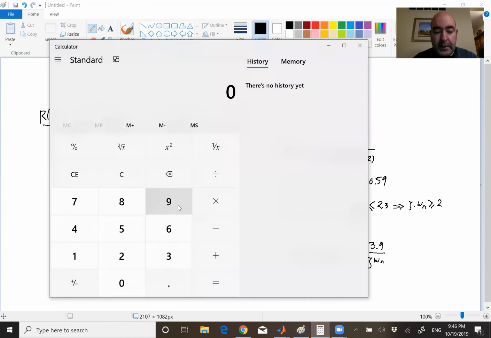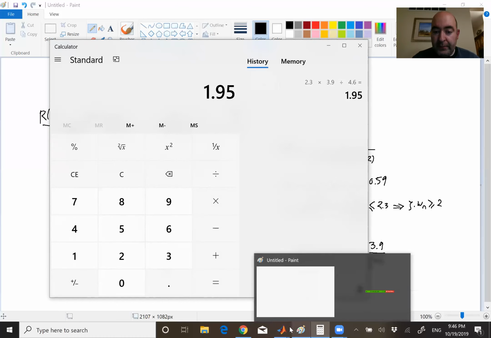What I do is I would multiply my 2.3 by 3.9, which is the numerator for MATLAB's equation, and then divide it by 4.6, which is the numerator of the settling time equation that we use. This is going to be 1.95. So in order for the system to settle within plus minus 1% of the final value in less than 2.3 seconds, it will have to settle to within plus minus 2% of the final value in less than 1.95 seconds.